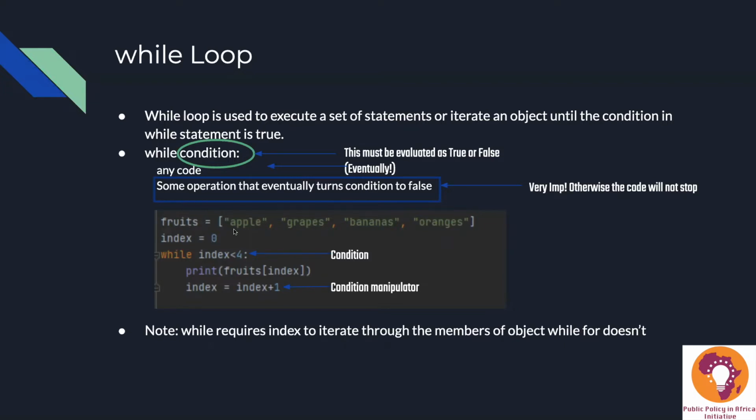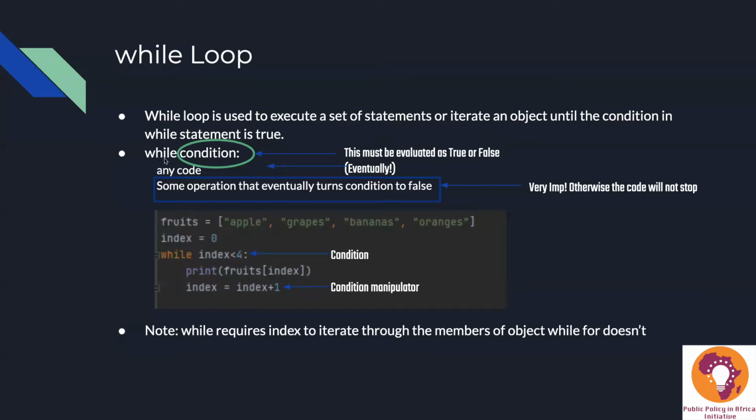If someone made index equal to 5 here, this while loop would never execute its contents, but there are cases where you want to make sure the code inside the while loop executes at least once and then goes on from there, and we'll talk about that a little later. But for the time being, just make sure that your condition can always evaluate to false at some point.